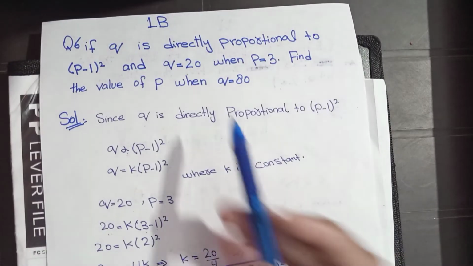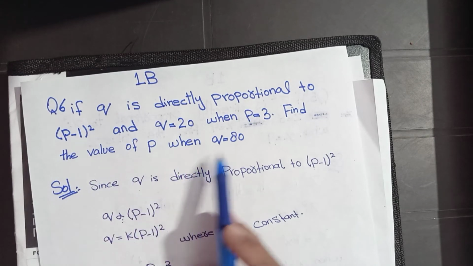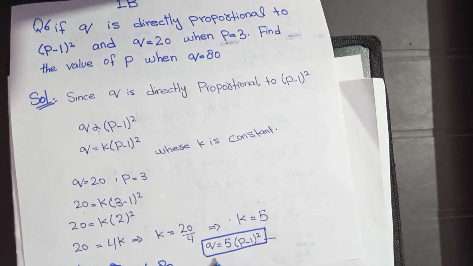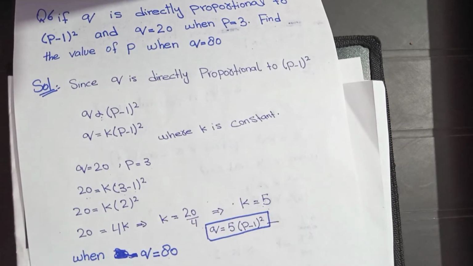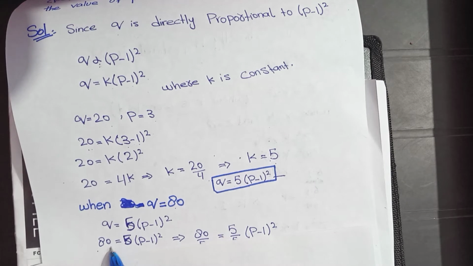The second part is find the value of p when q is equal to 80. When q is equal to 80, in the equation q is equal to 5 into p minus 1 whole square, we put the value of q and we will get the value of p. So 80 is equal to 5 into p minus 1 whole square.